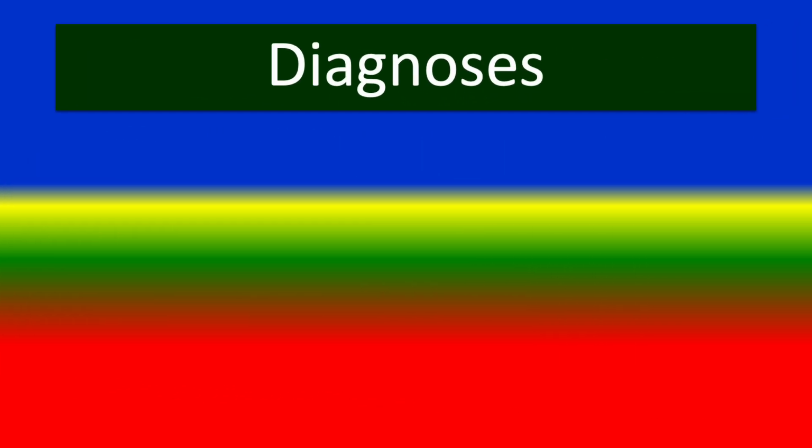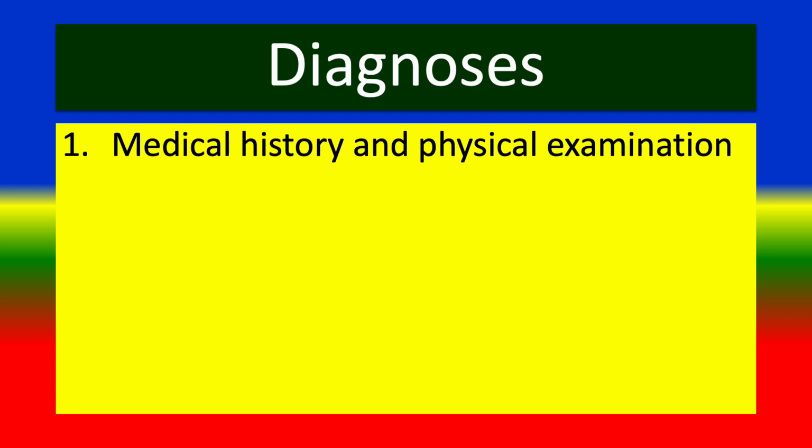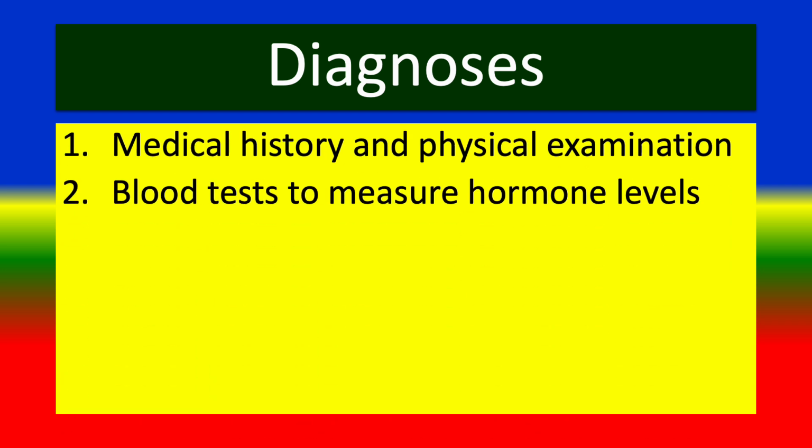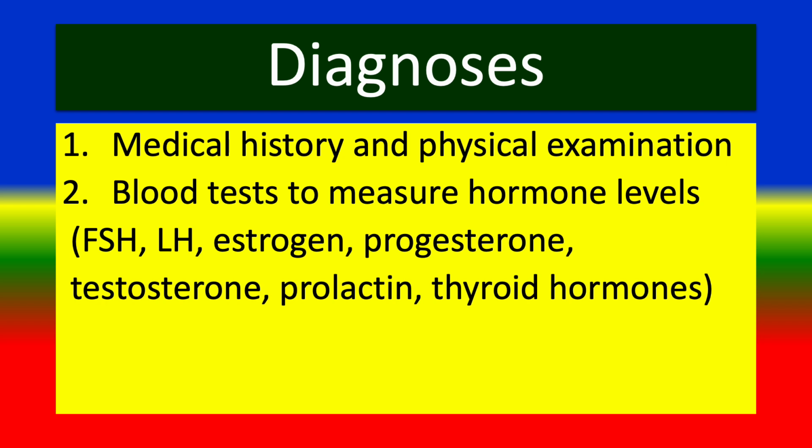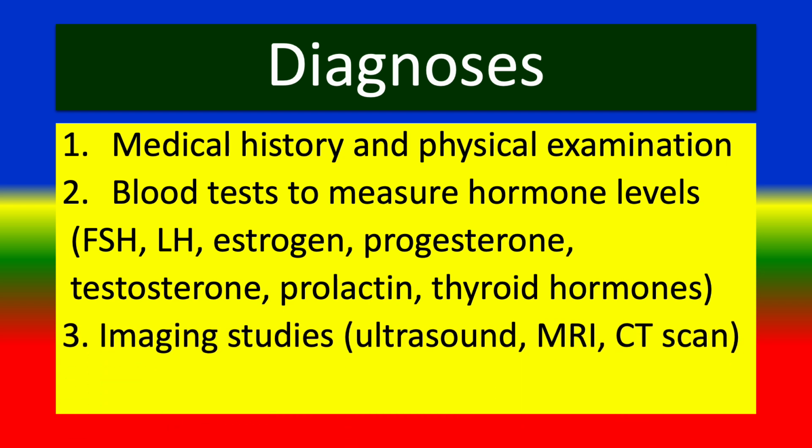Diagnosis. 1. Medical history and physical examination. 2. Blood tests to measure hormone levels: FSH, LH, estrogen, progesterone, testosterone, prolactin, thyroid hormones. 3.